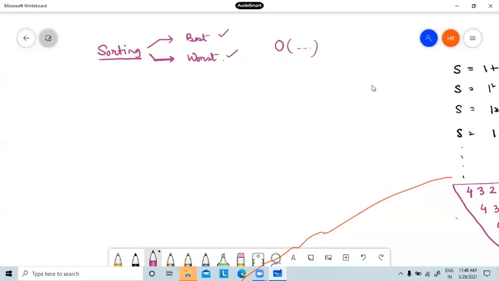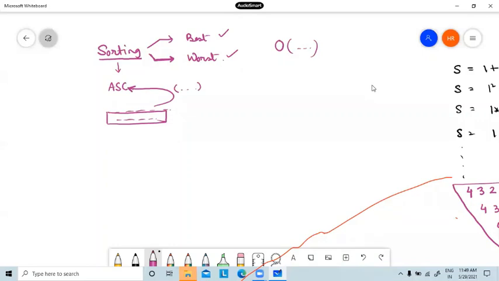Now suppose I am sorting some elements and I have to sort them in ascending order. Whatever the given data sequence, if I require maximum time to sort it, to convert it into ascending order, then this problem is called the worst case.